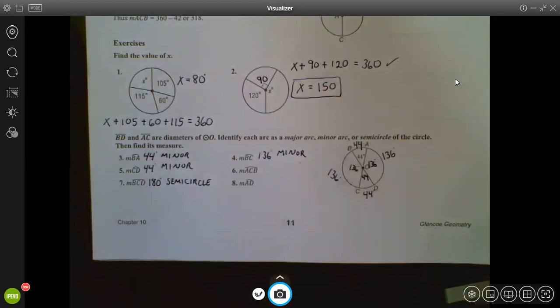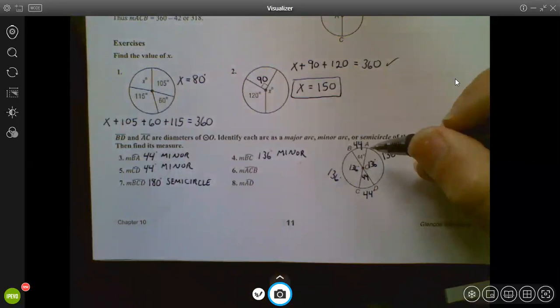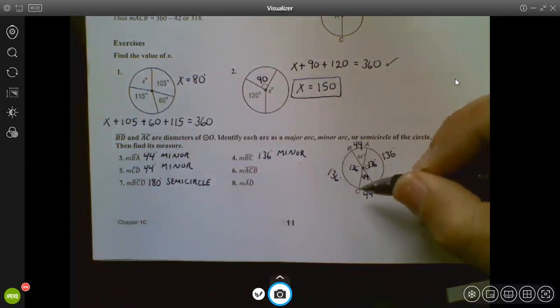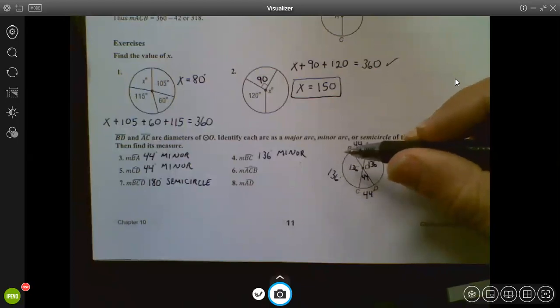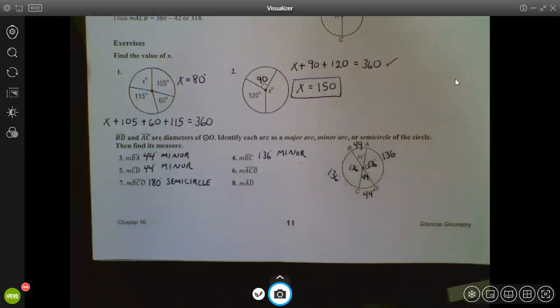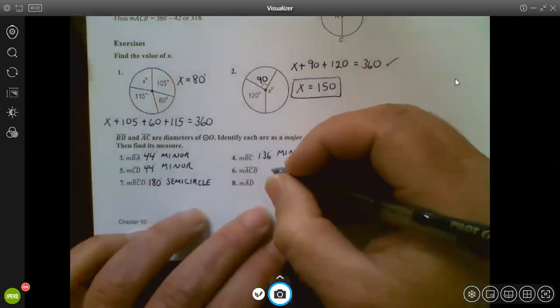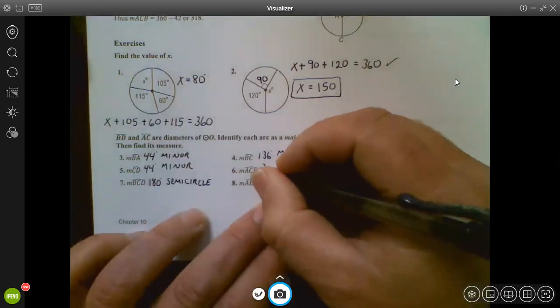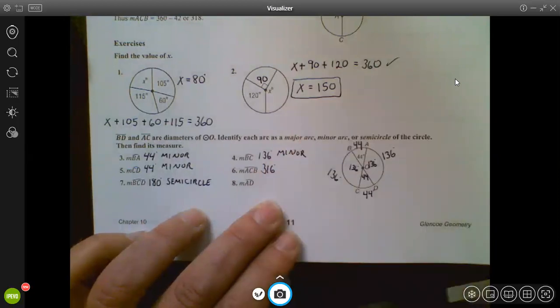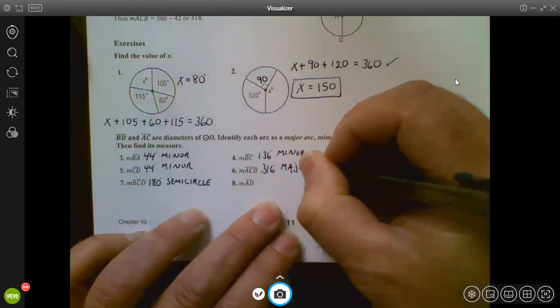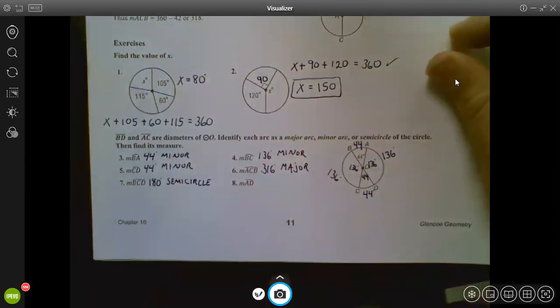Well, there's 2 ways you could do this. I could just add up the parts. I could say, well, it's 136 plus 44 plus 136, and that would work out just fine. So if you wanted to add those 3 numbers together, you could certainly go that route. It would be a total of 316 degrees, which is obviously a major arc. But there is maybe a little shortcut to that.